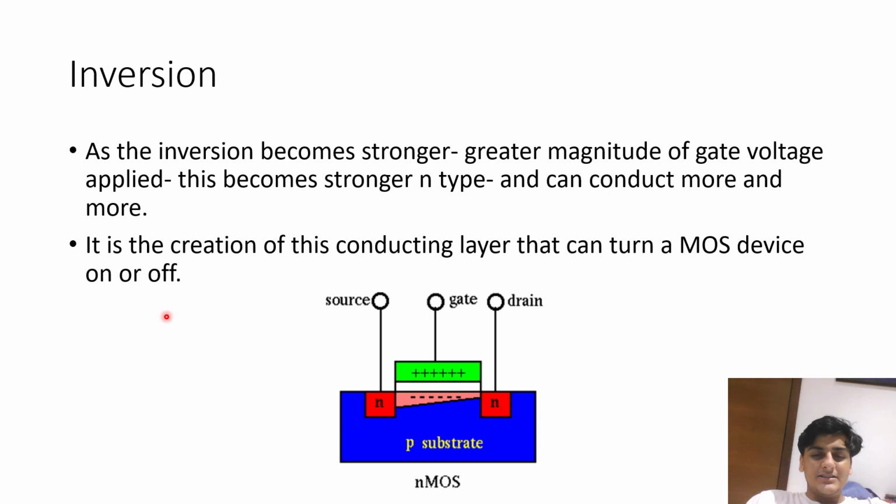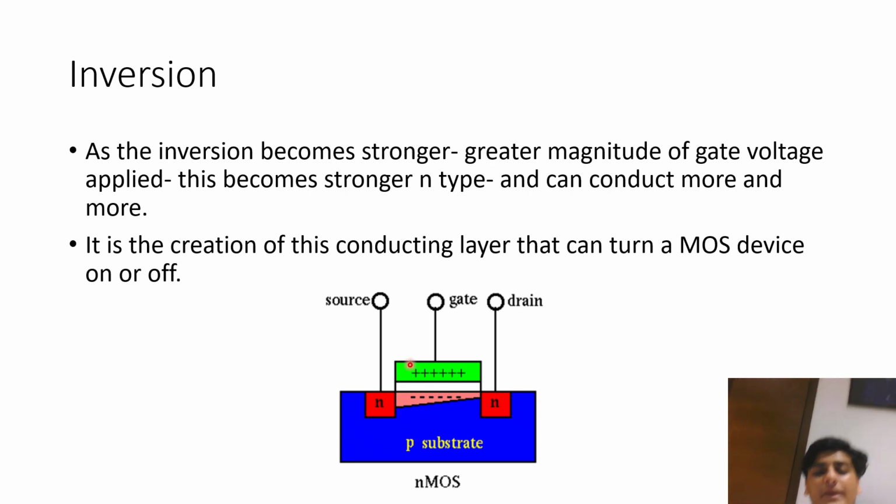What do I mean by this? What I mean is that when I increase this gate voltage a lot, it creates an N-type material over here, right? That N-type material becomes more and more conducting the higher this gate voltage is, because it becomes more and more strongly doped. It behaves more and more like strongly doped N-type material based on its bands.